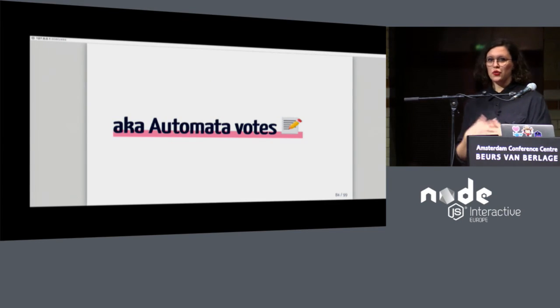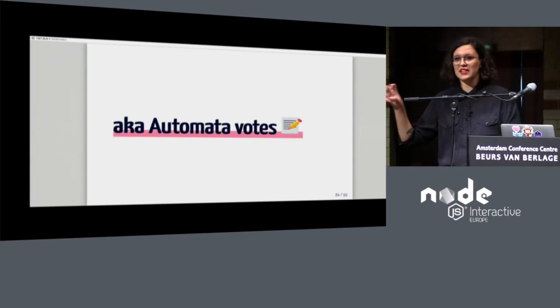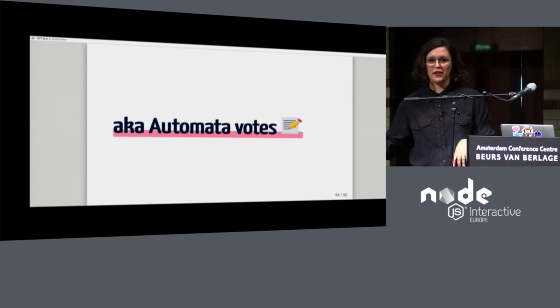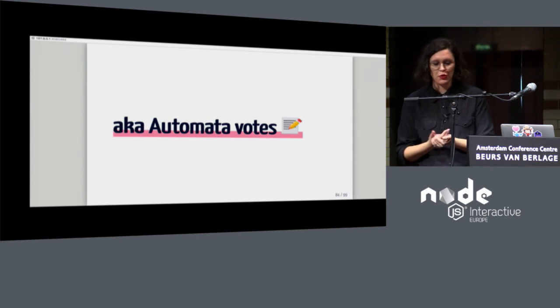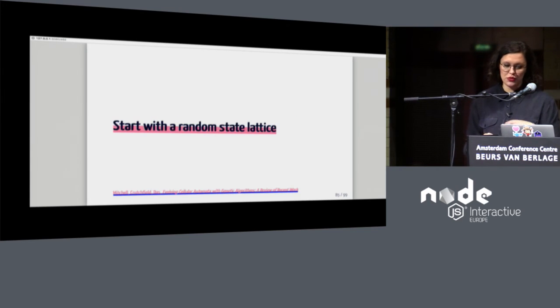You and your neighbors are about to vote in an election. You have two candidates to vote for, and you want to make sure that your neighbors start voting for your candidate, even though you're starting off in a minority. So you start off with a random state lattice, or an array or a matrix.